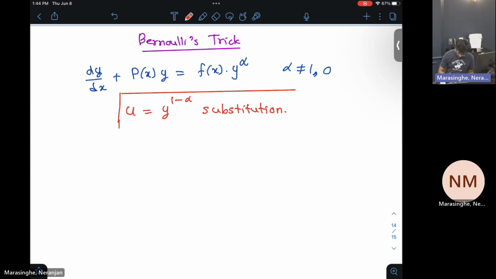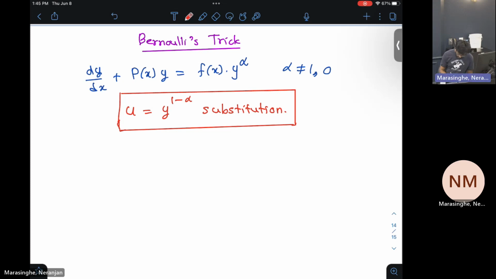If I ask you some problem related to Bernoulli's trick, I would give you this substitution. And also, if you have to use some difficult integral formulas, I would give them. So this is the substitution that we have to use.